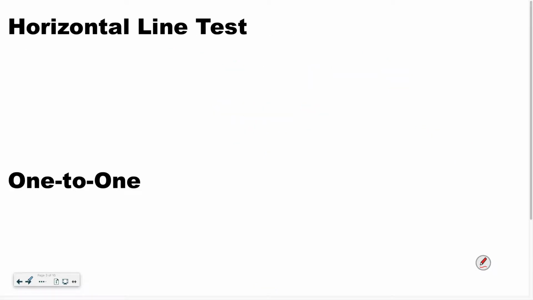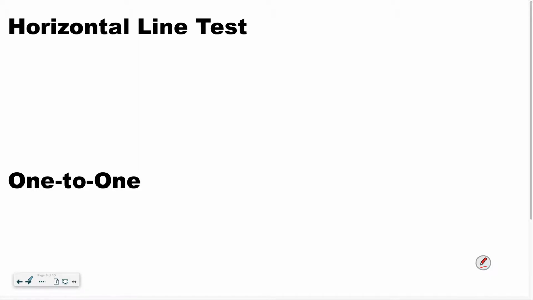All right, so a couple things I want to talk about that would not have been on your green sheet, okay, is the horizontal line test. We have a vertical line test, don't we? And the vertical line test, what does it test for, Jacob?